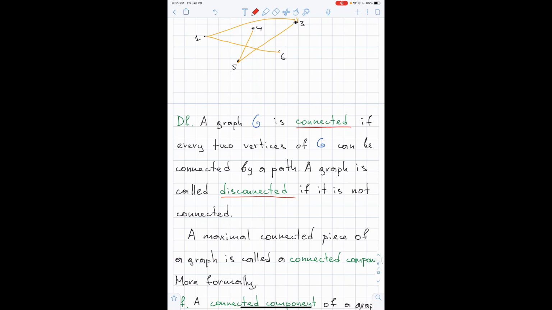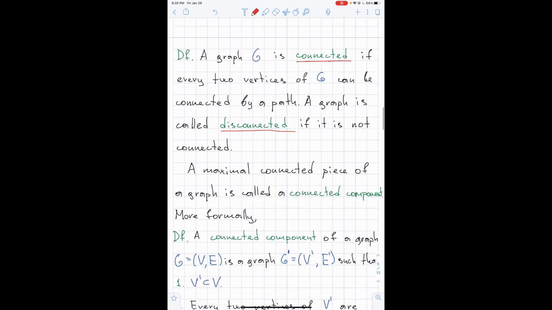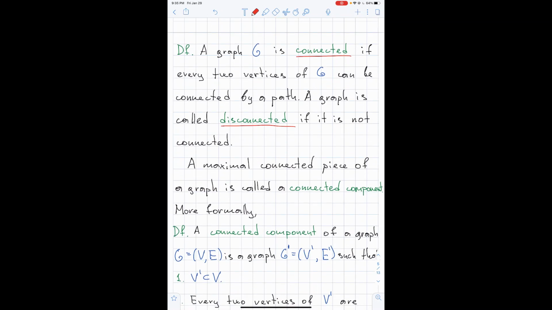Now, if we have a disconnected graph, it's intuitively clear that it consists of several connected components. It's just several connected graphs put together. But we want to have some formal definitions and formal statements about those.